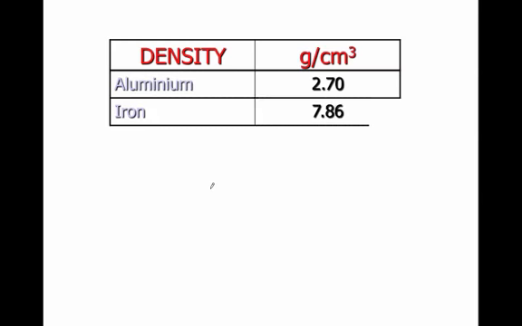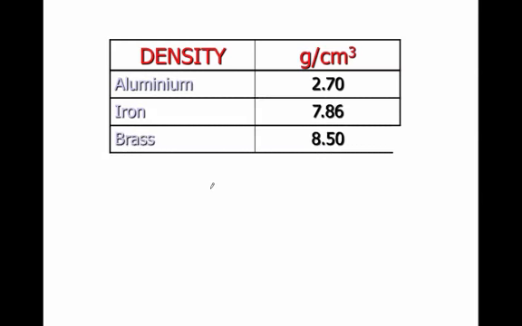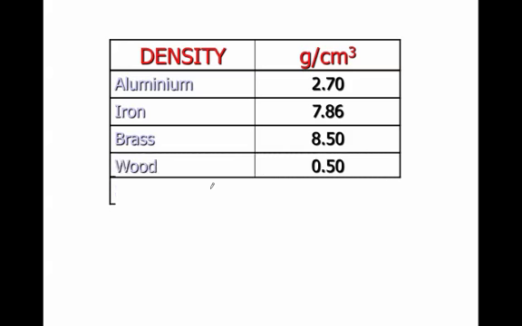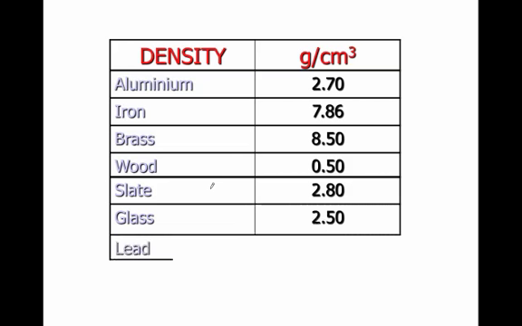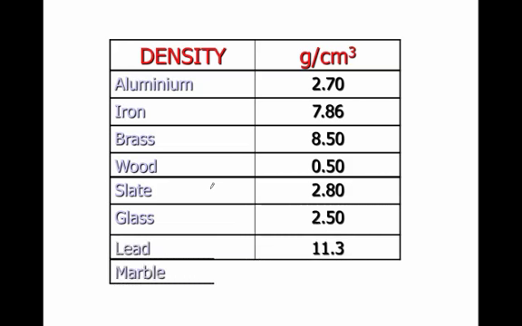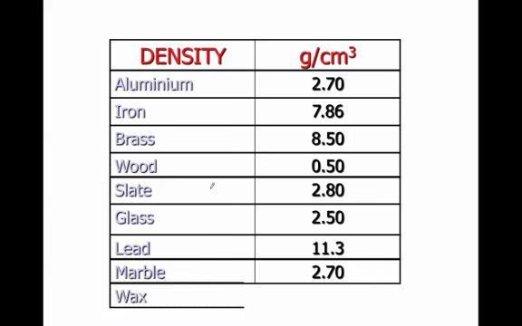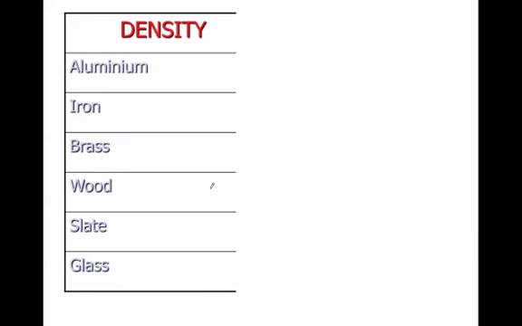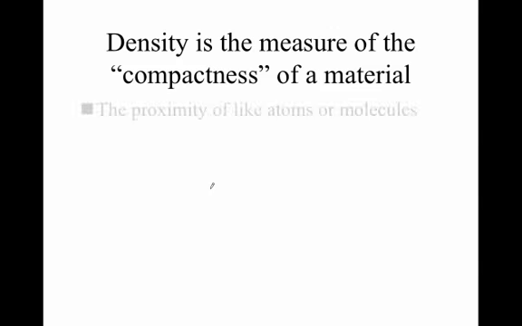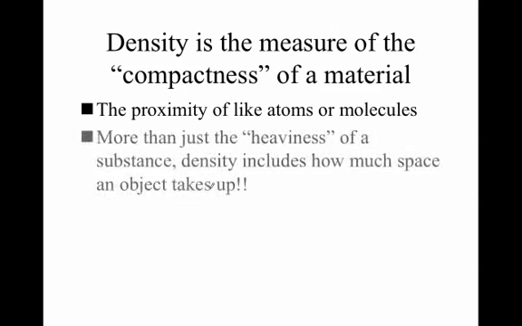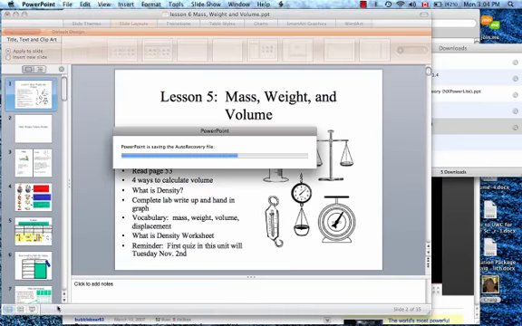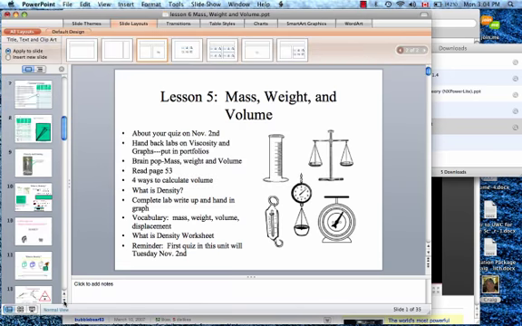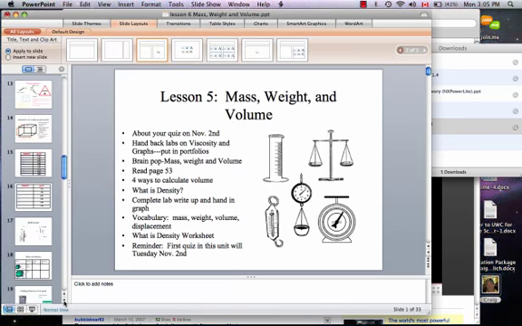So here's a comparison of the densities of various substances. Now, floating and sinking are a good way to double check how density works. Oops, gone a little far. Let's go back up and scroll down to this screen.